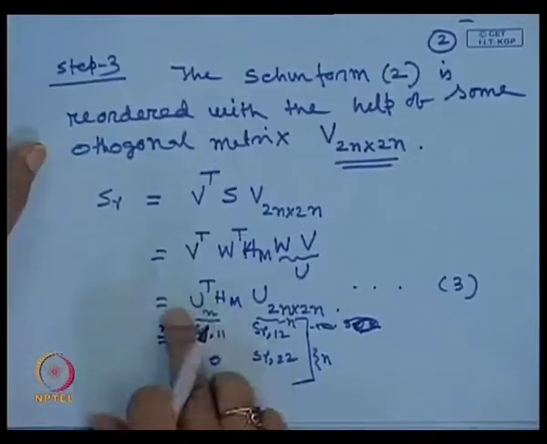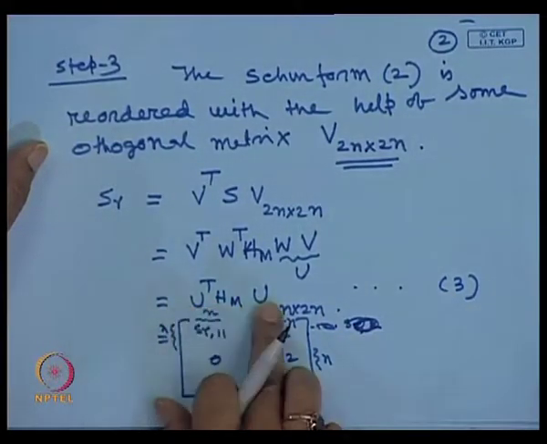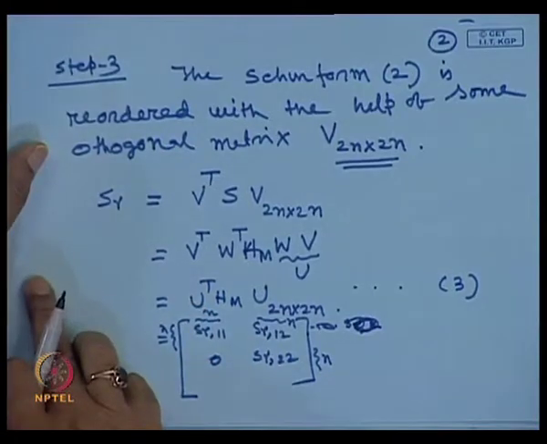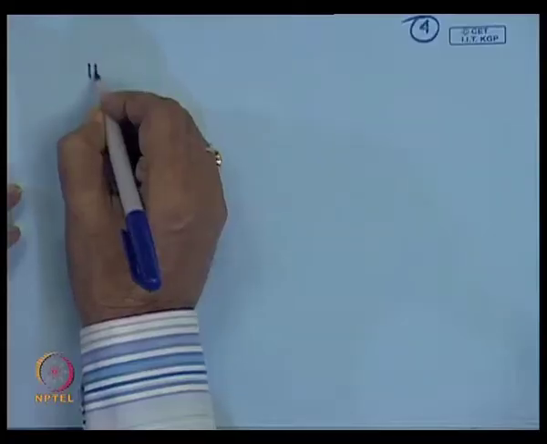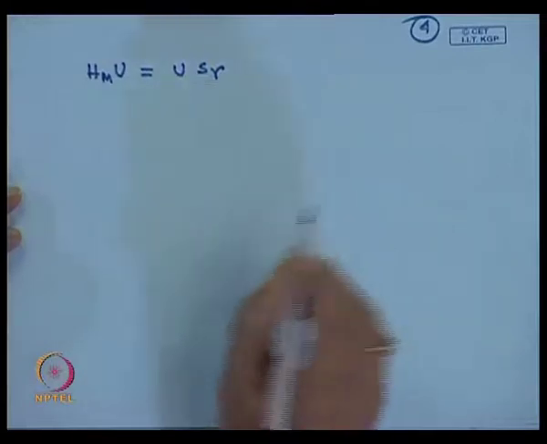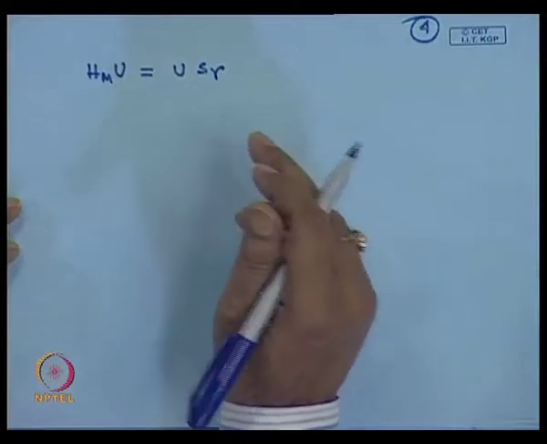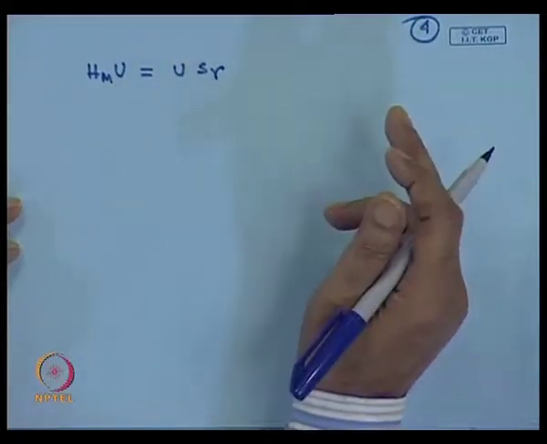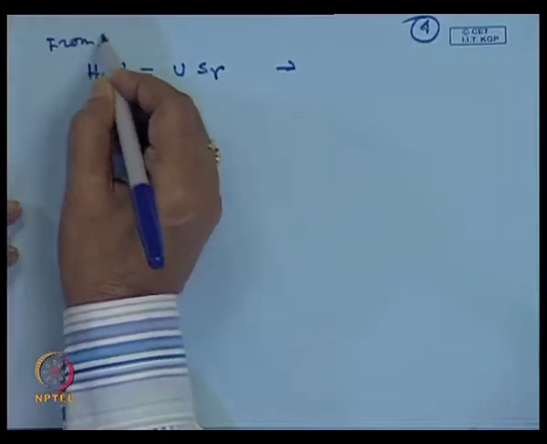If we multiply both sides by U, then what will we get? This is nothing but HM U equal to U SR; both sides I multiplied by U. U is the orthogonal matrix, so U transpose U, or U into U transpose, is equal to the identity matrix. So, we can write this from 3.